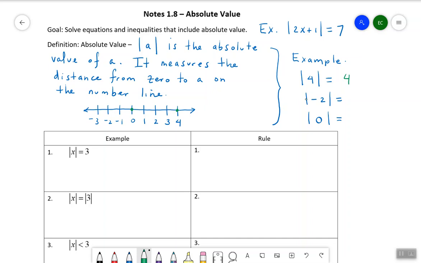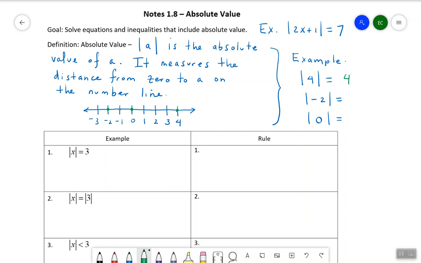And if I ask you for the absolute value of -2, then you're going in the opposite direction from 0. You're going over to the left, but distance is always positive for us. We're talking about an undirected distance. So the direction that we go, whether we go to the right or to the left, doesn't matter.